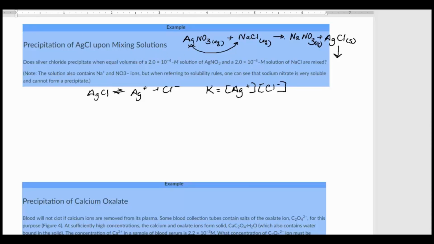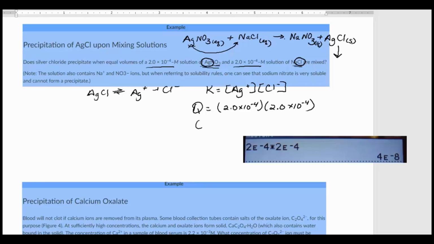given these concentrations? Because compounds of nitrate are soluble and compounds of sodium are soluble, these will break apart, so we can call the concentration of the silver this value and the concentration of the chloride this value. So if that's the case, then what we're doing is we're calculating a Q. So I'm going to take my 2.0 times 10 to the negative 4 for each of these values, and I will calculate my Q to be 4.0 times 10 to the negative 8.